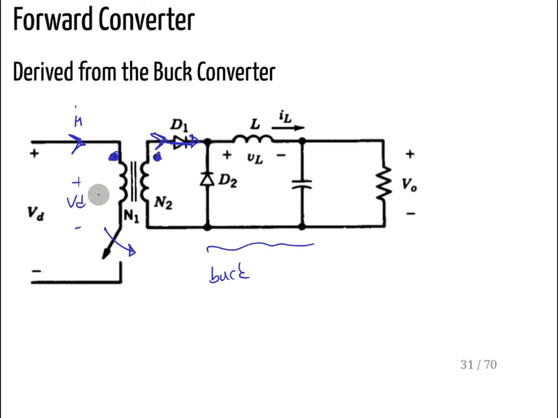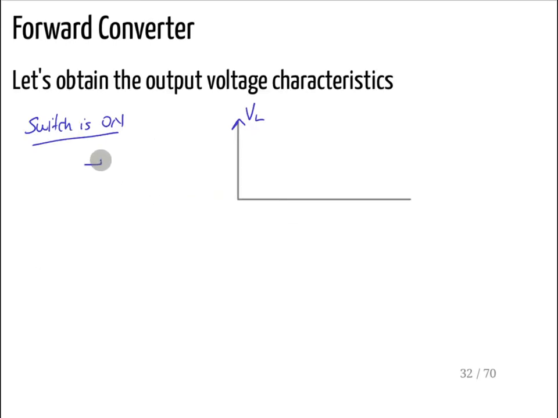When it is VD, that voltage here, that diode will be off, and that will be something like that. So this is my L, and this is my VL. Here is VO, and that diode will be on, the other diode will be off.